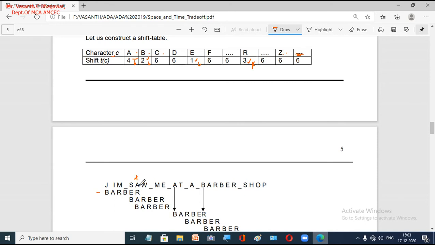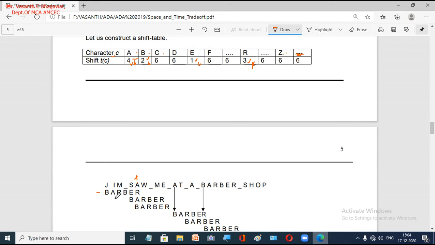So now what we do is, this character A is the character present in our text. A and R is not matching, so we go to our shift table. In the shift table, where is this character A? Under this, what value do you have? 4. So we shift this pattern 4 places to the right side. Clear? We are going to shift it by 4 positions.